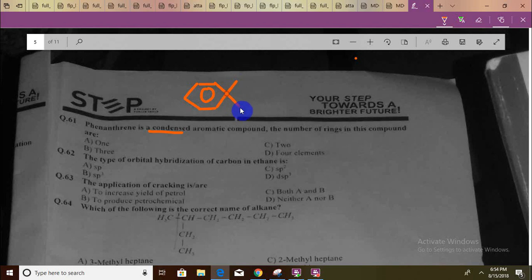I think it's like this or something, and actually it's more like fused in this sort of manner. But phenanthrene is something perhaps a bit different. So they're saying it's a condensed aromatic compound. So what are the number of rings in this compound? If it's the same as anthracene, it should have 3.